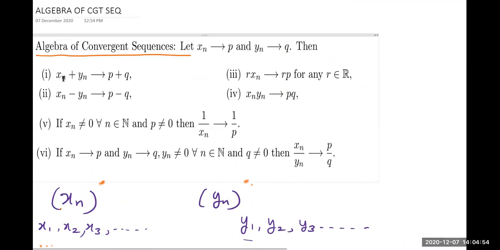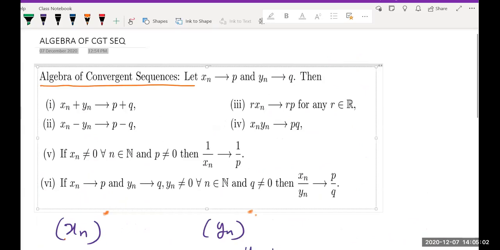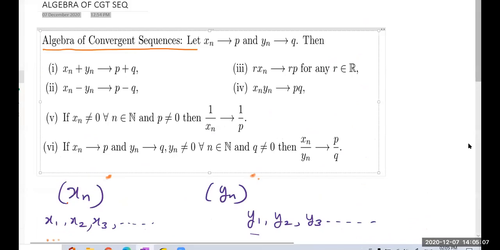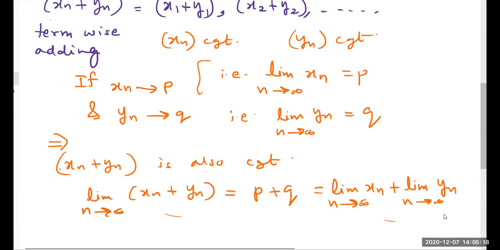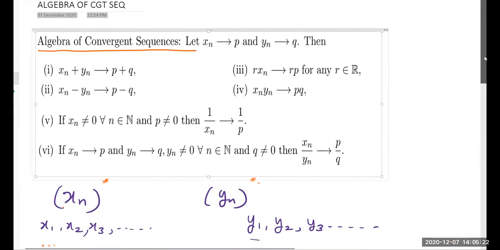Yeah, here, algebra of convergent sequence. And let me use the, oh, one minute. Hey, hello. एक सेकंद.